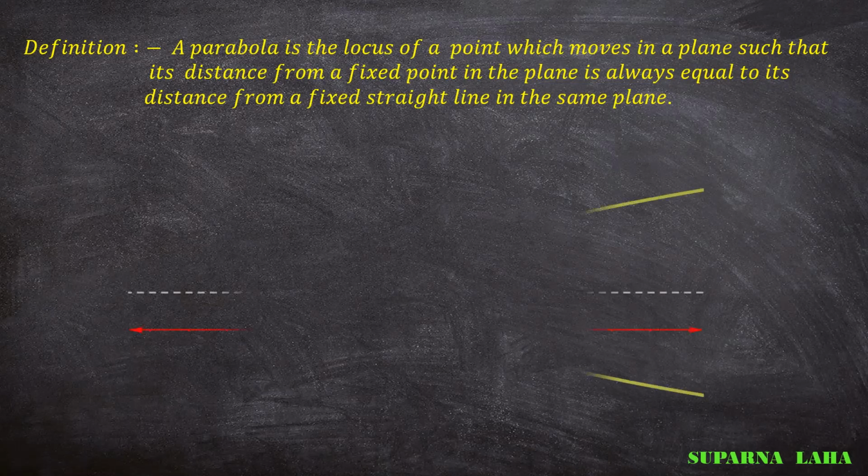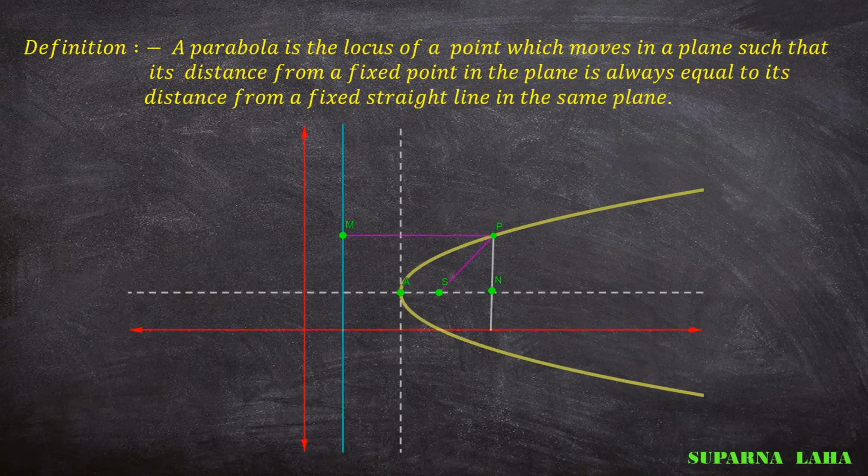If we go through the images of it, you all know that this is the shape of the parabola. In the first class of this conic section, I already mentioned that this is the shape of a parabola, and this fixed point S is the focus, and this fixed line is called the directrix, and P is any point on this parabola.